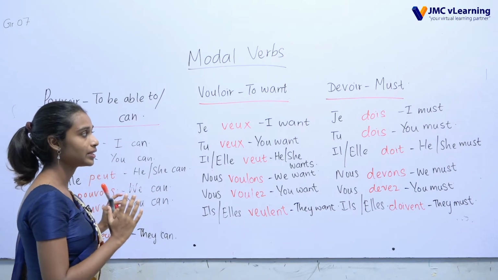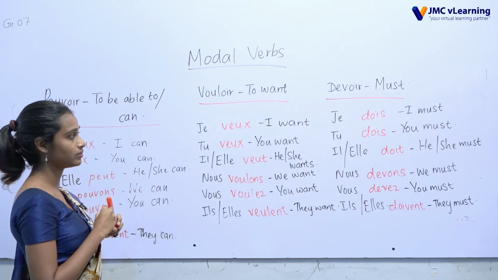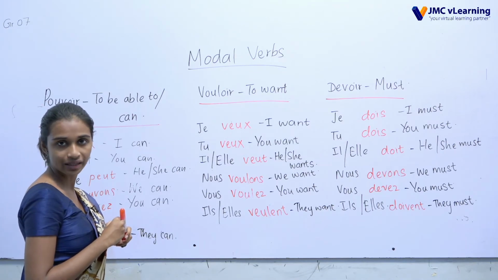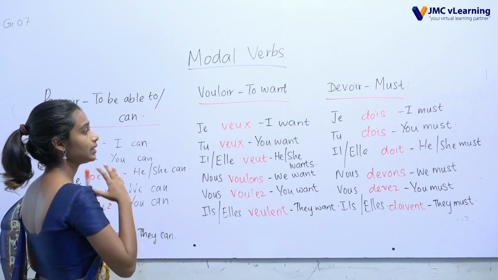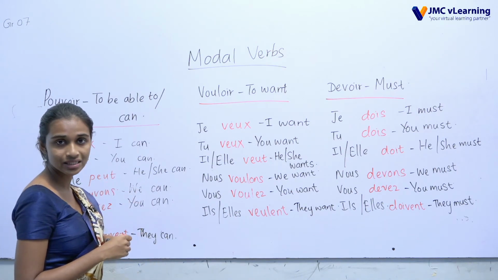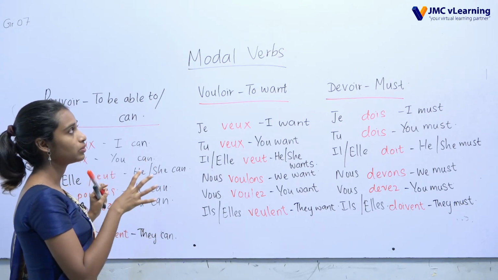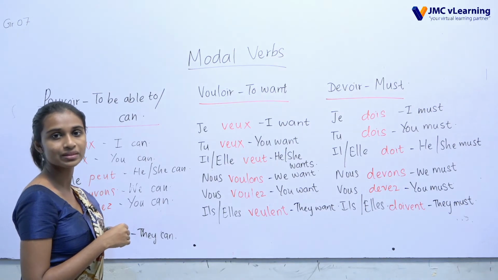Therefore, you have to learn by heart the conjugation of these 3 modal verbs as well, right? Okay, so copy this down quickly, and next we will be learning how to construct sentences using the modal verbs or the auxiliary verbs. Okay.